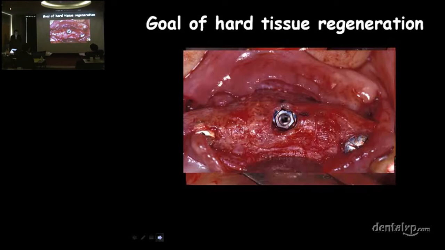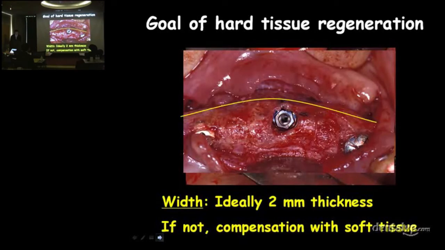This is after guided bone regeneration procedures. Almost all of the number 9 implant was placed in the regenerated bone. But there was insufficient thickness on the buccal side of the implant, so high quality thick soft tissue would be required.